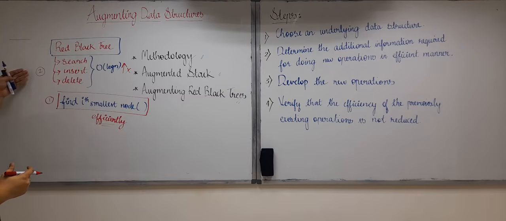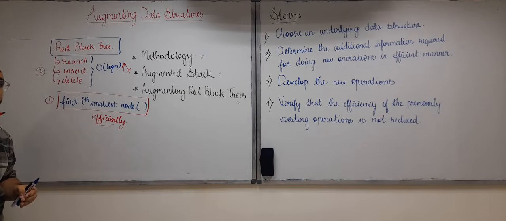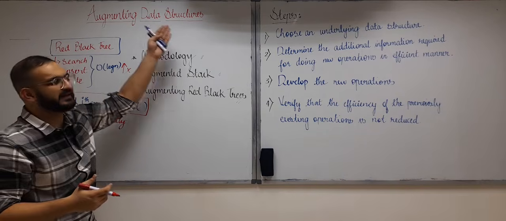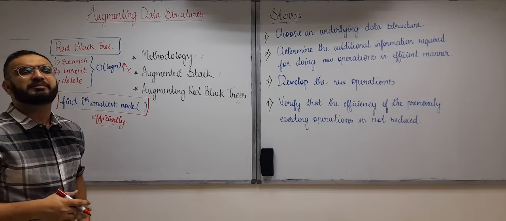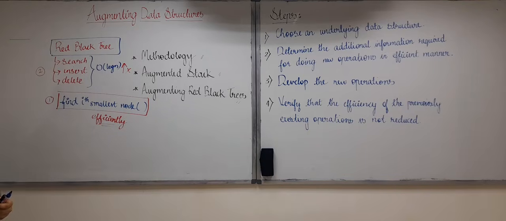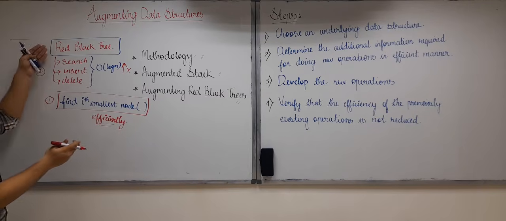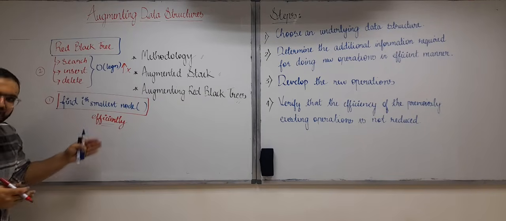So in order to achieve these two objectives, I need to modify my data structure, or I need to modify my red-black tree. And this modification of the data structure is known as augmenting data structures, right? So basically, augmenting data structures is the modification of the data structure in order to achieve two objectives. The first objective is that you need to perform a new operation on the data structure in an efficient manner.